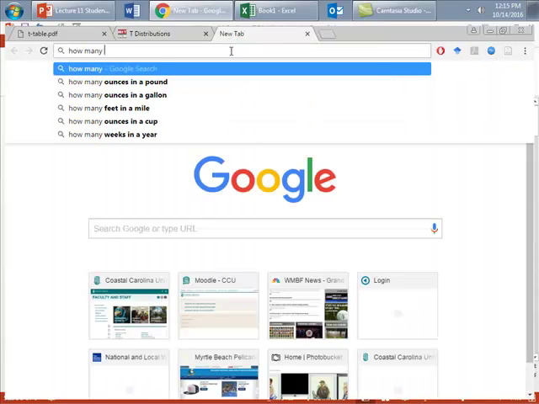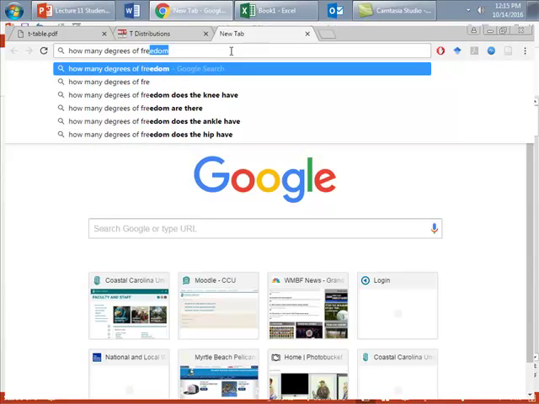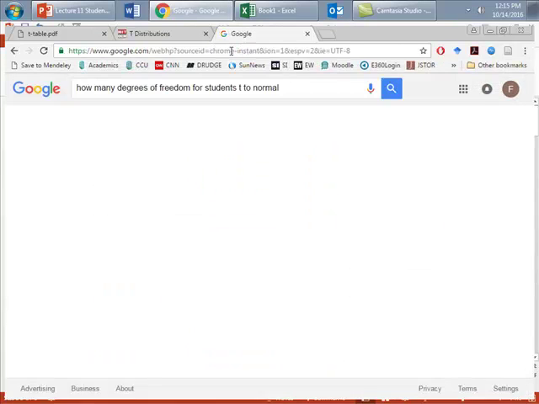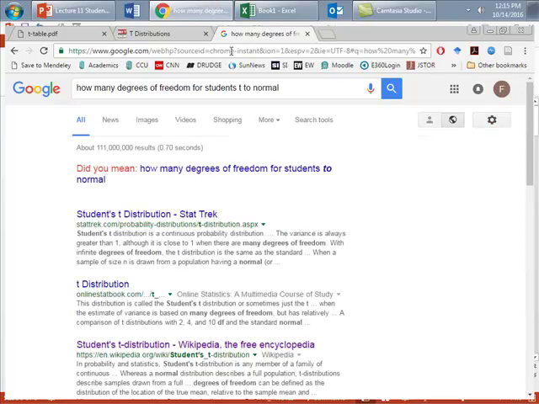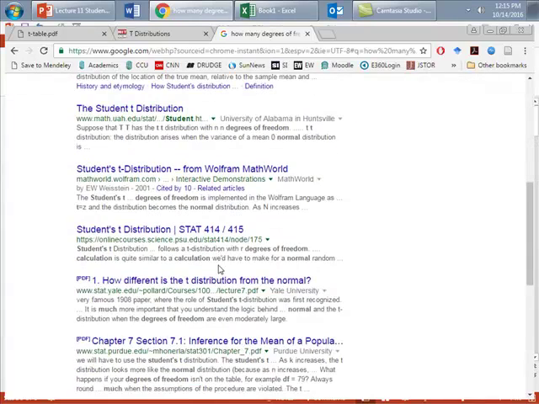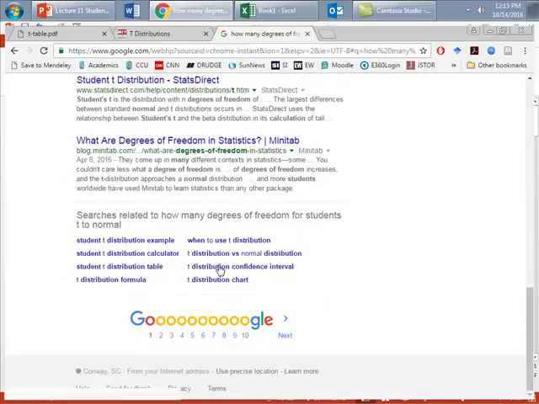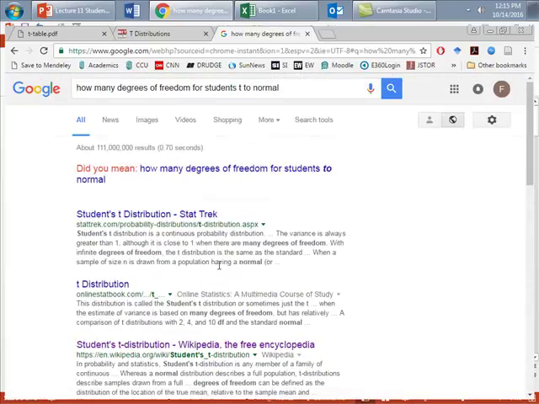How many degrees of freedom for Student's t to normal? This is one of those things where I never really wanted to know what the exact number is. It won't say, because Google's not going to be that kind to me.